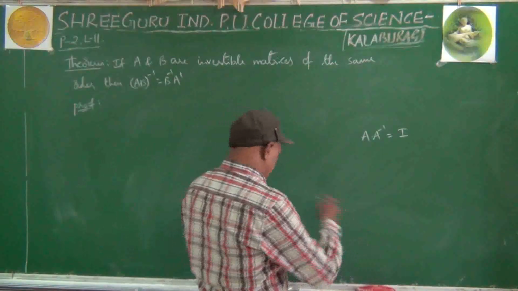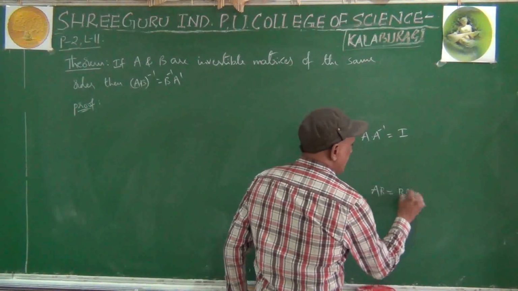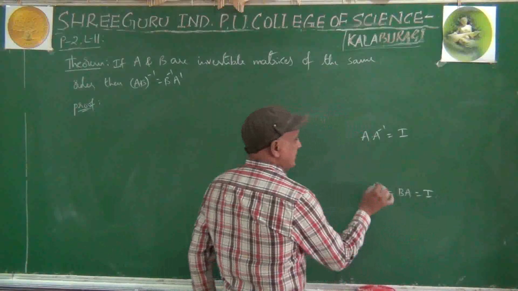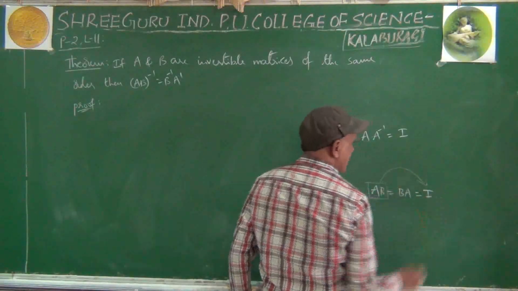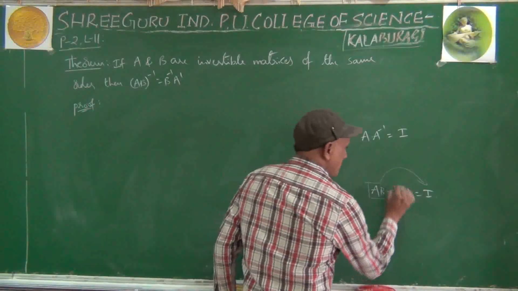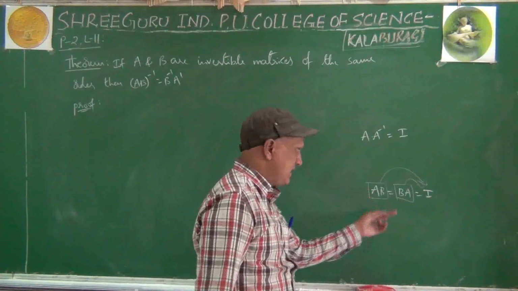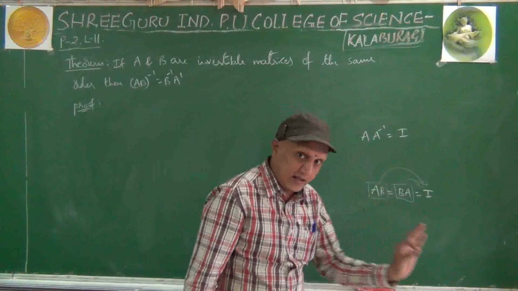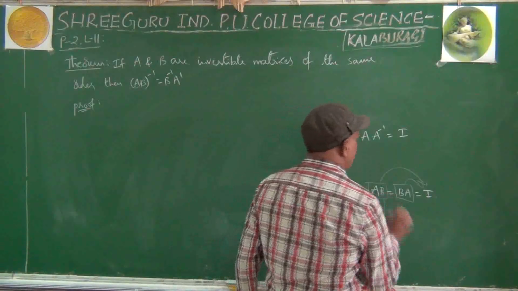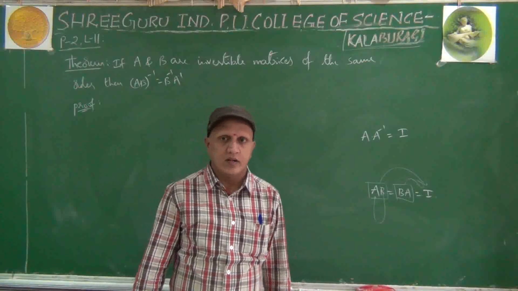Just some time back we have seen the definition of invertible matrix: AB equals BA equals I. If you multiply two matrices and your answer is I, A into B is I, B into A is also I, then B is called inverse of A.